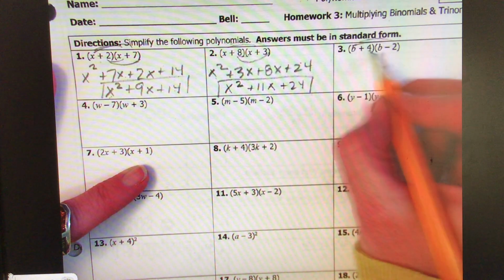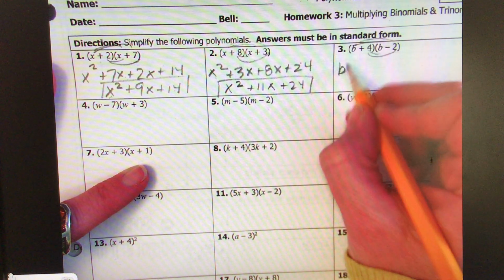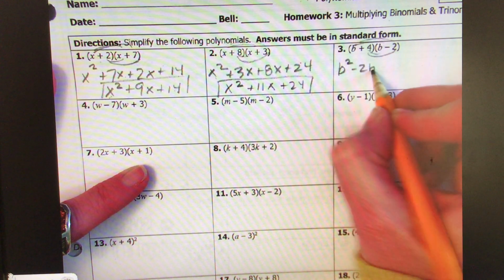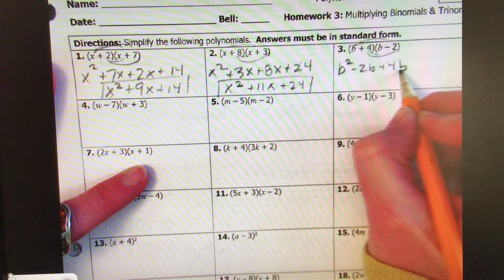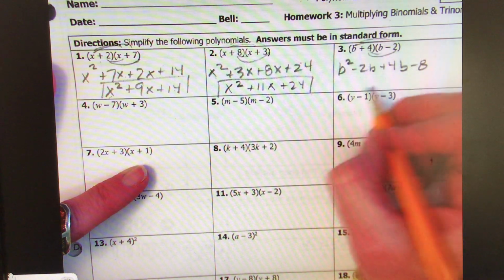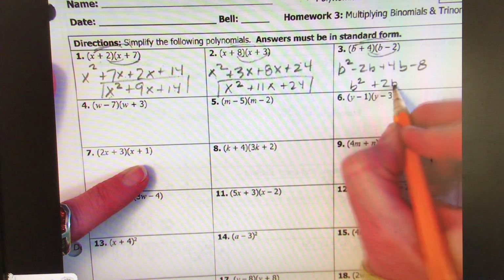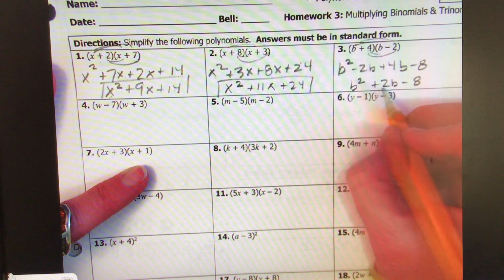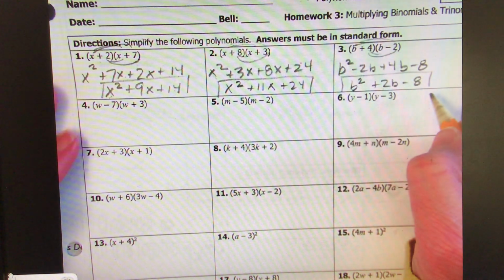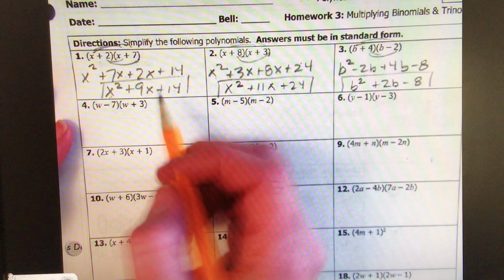Number 3, I have b squared minus 2b plus 4b minus 8. And I can simplify that to b squared plus 2b. To be or not to be? That is the question. Number 4.